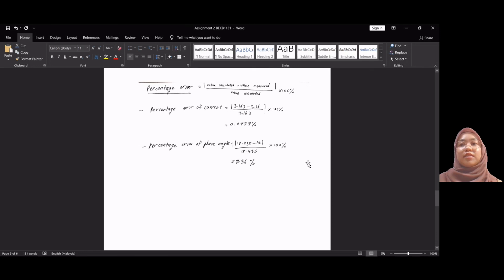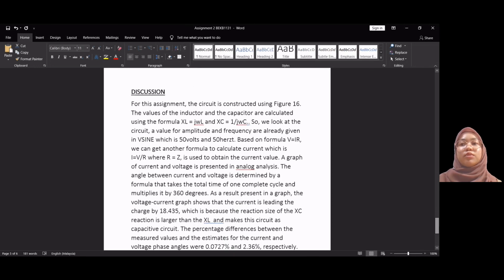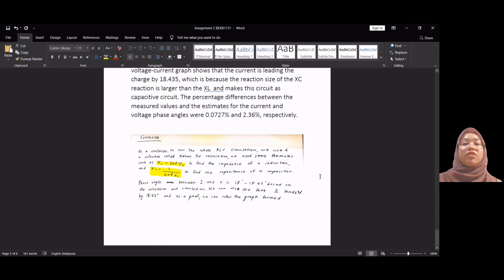Okay, so let's move to our last part, which is the conclusion. As a conclusion, to run the whole RLC simulation, we use a software called Proteus. For calculation, we use some formulas such as XL equal to 2 pi FL to find the impedance of the inductor, and XC equal to 1 over 2 pi FC, that I already told you guys before, to find the reactance of the capacitor.